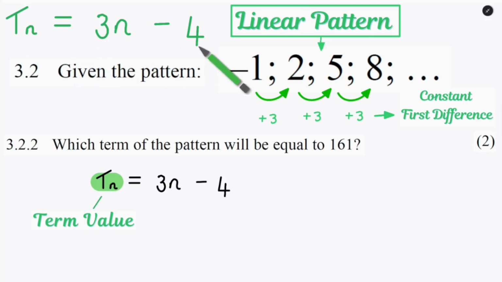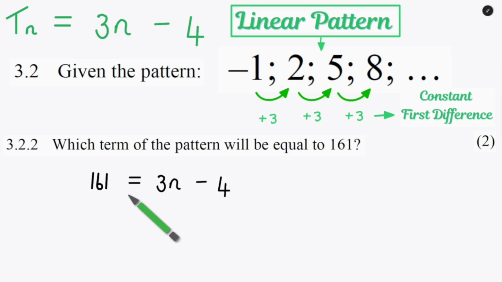So using our rule that we got from the previous question, we've got to remember that Tn is a placeholder for the term value. And this 161 is a term value because the term is equal to it. So I'm just going to replace this with 161. And after we make that change, it's just like solve for x. So to isolate n, we've got to take this negative 4 over to the other side of the equal sign.